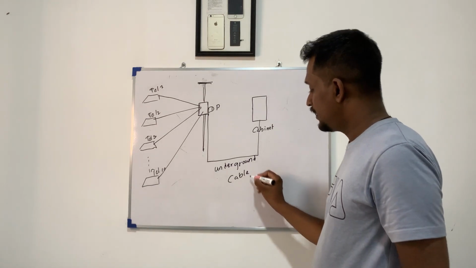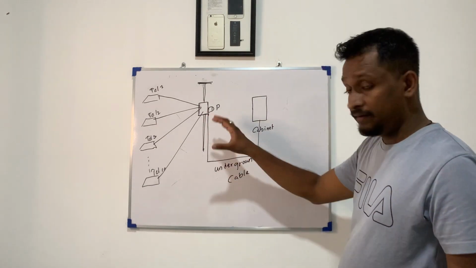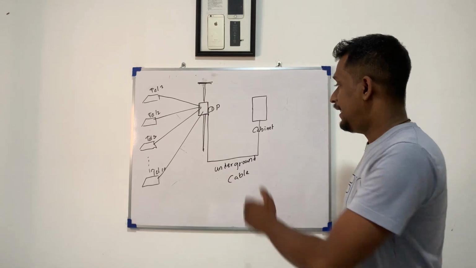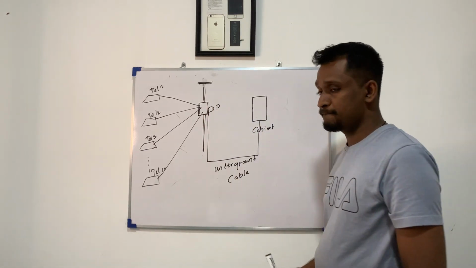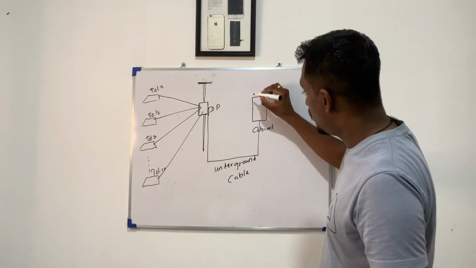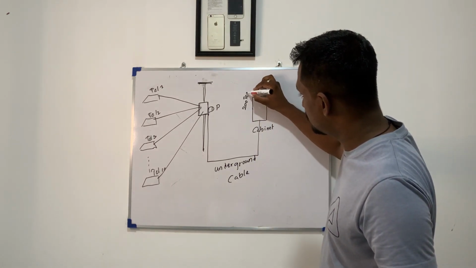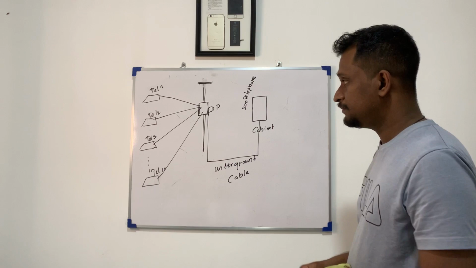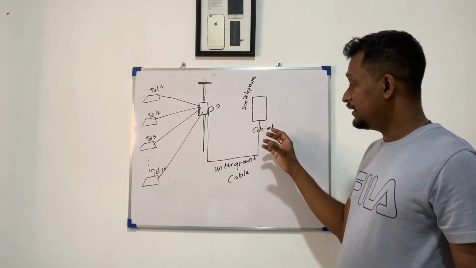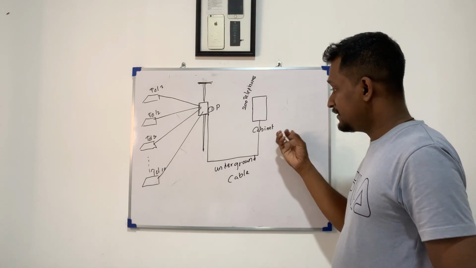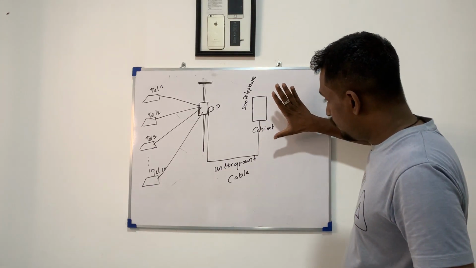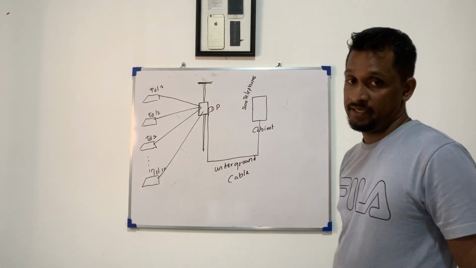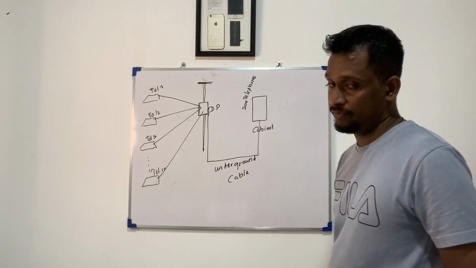You also have to remember that one DP can be connected to 10 telephones, and one cabinet can be connected to about 200 telephones. So for one cabinet we can connect 20 DPs, or 200 telephones.